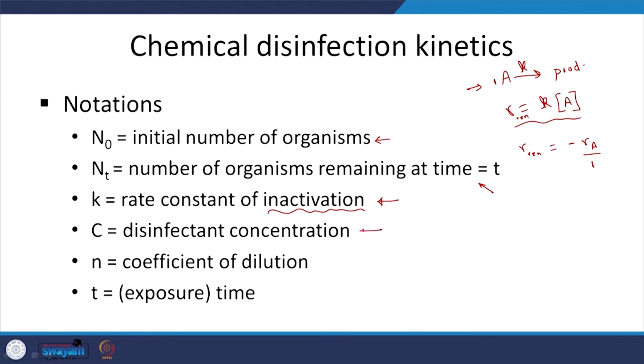C, the disinfectant concentration that you are trying to put in or maintain. Typically, you will maintain a constant disinfectant concentration. n is the coefficient of dilution, which we will look at later. t is the exposure time. How much time are the relevant pathogens being exposed to that particular concentration in that particular reactor. So, exposure time, or contact time.